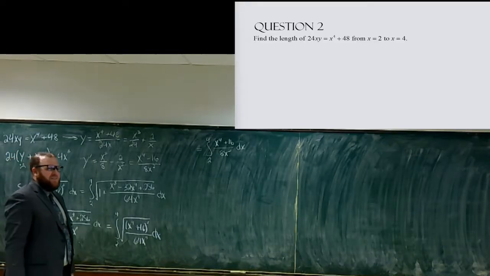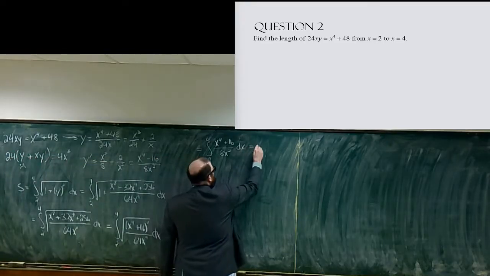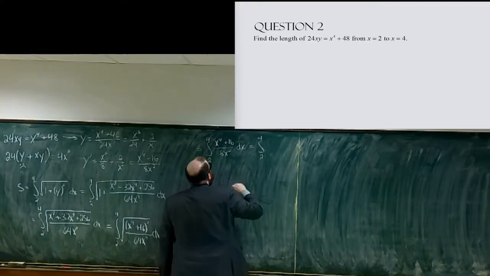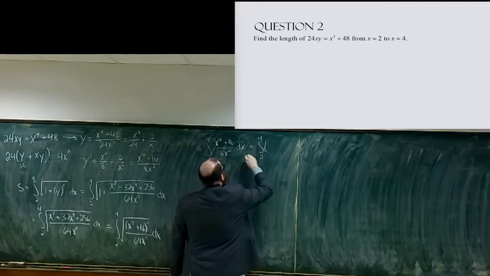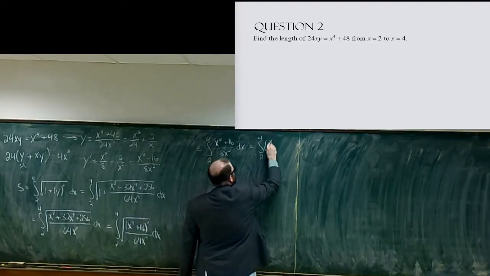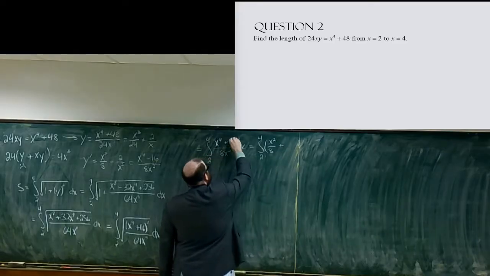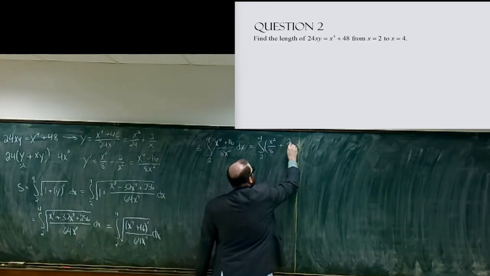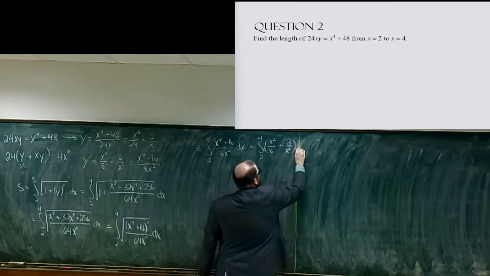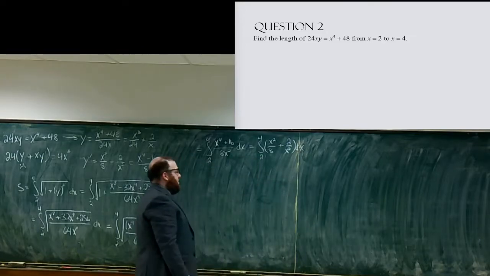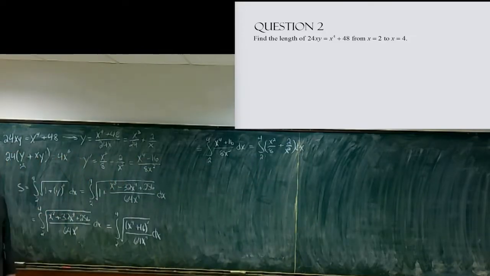Well, isn't that integral nice? X to the fourth over 8x squared is just x squared over 8, right? Plus 16 over 8x squared would be 2 over x squared. That is just Calc 1 power rule on both counts.